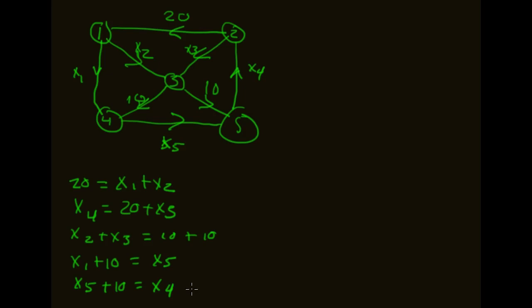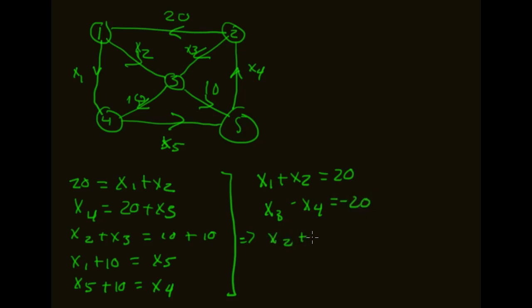All right, so if I rewrite these equations in standard form, I'm going to get x1 plus x2 is equal to 20. x3 minus x4 is going to equal negative 20. x2 plus x3 is equal to 20. x1 minus x5 is equal to negative 10.